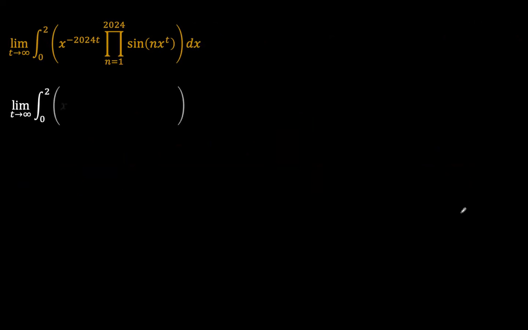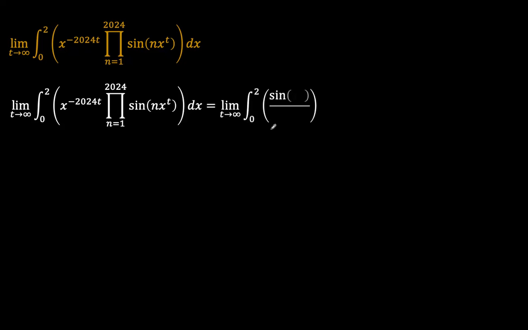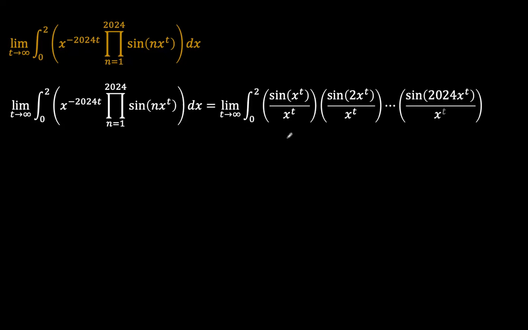So how do we solve this problem? The first step is in just expressing it in a way that is easy to comprehend. So what I did was just to remove this bigger product sign here and express the individual elements in a way that can allow us to picture things. This x to the power negative 2024t can be spread across all the product elements.